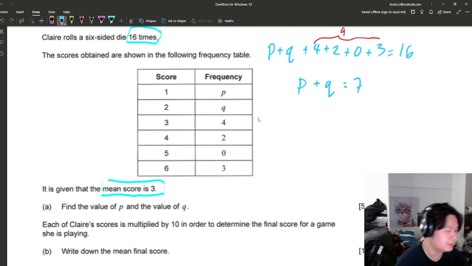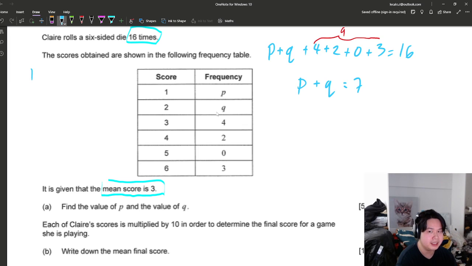One equation is not enough to solve for 2 variables, so we need a second equation, and that's where we have the mean score come in. To calculate mean in a frequency table, you just take the score, right? Because you're supposed to add all of your numbers up and then divide by 16. But I know that there's 4 3s, so instead of doing 3 plus 3 plus 3, I'm just going to multiply these together and then add up all of the products and then divide that by 16.